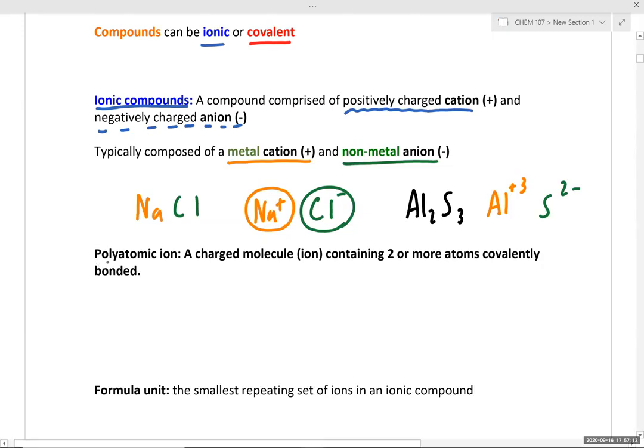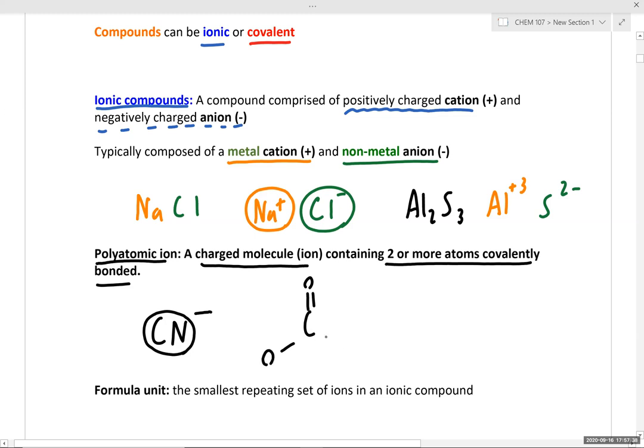So a polyatomic ion is a charged molecular ion containing 2 or more atoms covalently bonded together. So what do I mean by that? A common polyatomic ion would be cyanide, CN minus. So it's a collection of atoms with a net charge. Other examples would be something like carbonate, where we have a collection of atoms with a net charge.